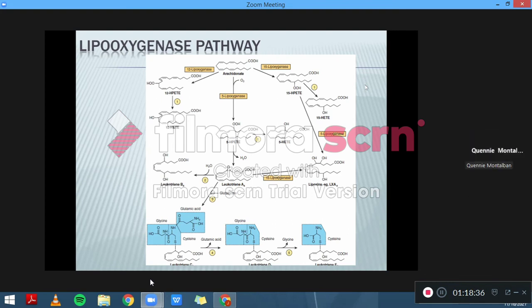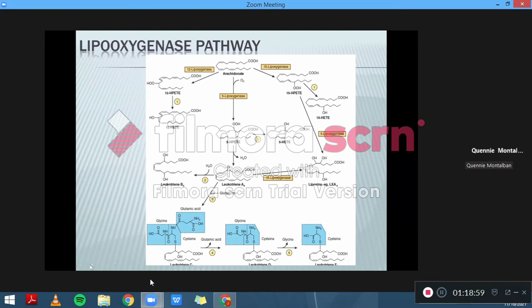Okay, Queenie. Yes, Doc. So lipoxygenases have three types of enzymes which can act on different sites in your arachidonate: the 5th position, 12th position, or the 15th position of the carbon.